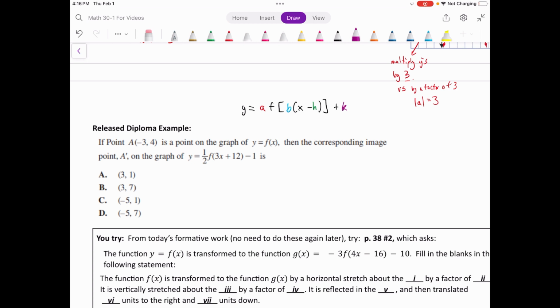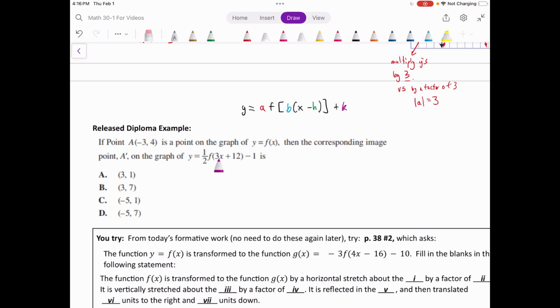So let's compare that to this. Now be very careful. They're trying to trick us again. Right? Do we notice anything? Does this look quite like function notation? Not quite, right? It's not supposed to be bx minus h. It's supposed to be b times x minus h. So how can we fix that?